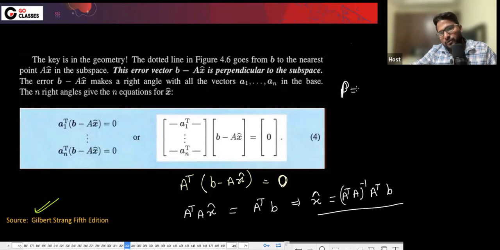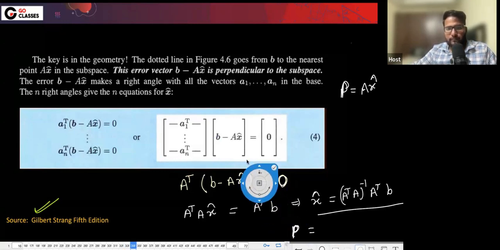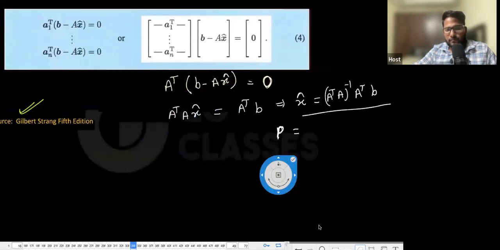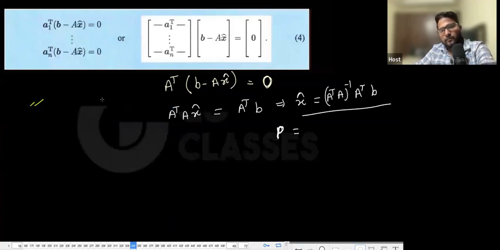P was the projection, which was AX cap actually. So, what is the projection then? It will be AX cap, right?